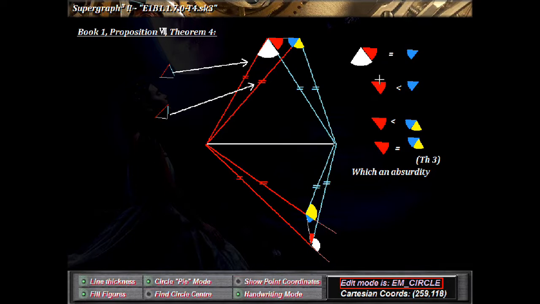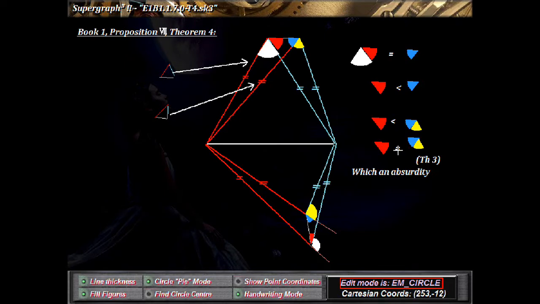Red is a part of blue, so it's less than blue. Now, red is therefore less than blue plus something else, right? And blue plus yellow are the interior angles of this isosceles triangle. So therefore they must be equal, just as before.